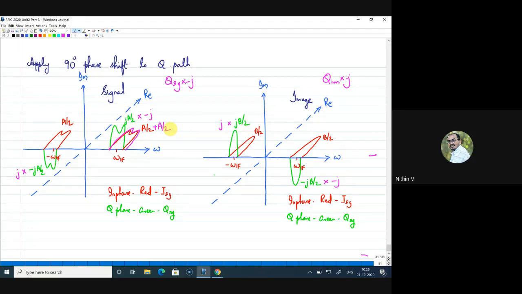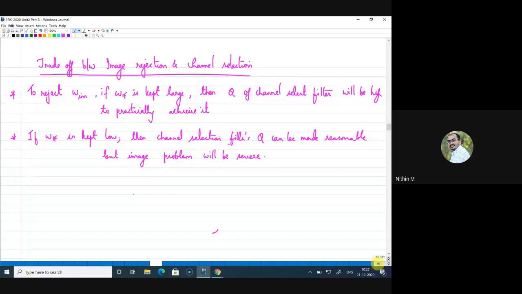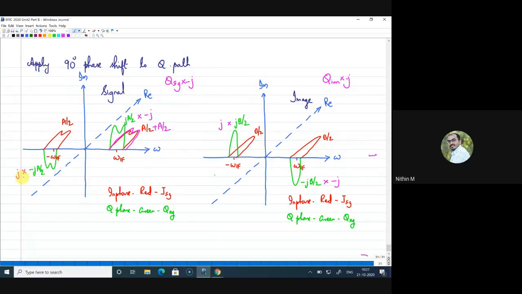Similarly on this side, when I multiply by j, j squared is minus, which gives plus, so you will get plus a by 2. That is what happened to the signal. When we give the 90-degree phase shift to the Q path, the signal component gets a real amplitude. It is a by 2 plus a by 2, and the result is now a.